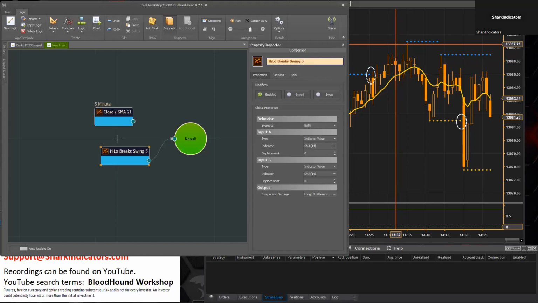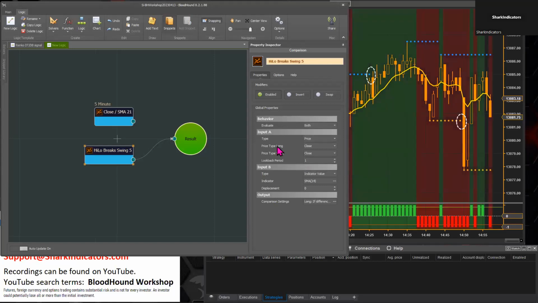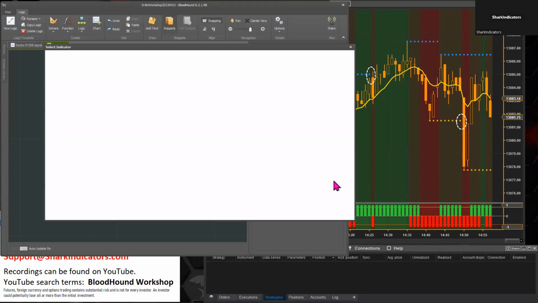So this is a standard 5 period swing there. So input A is going to be price. Again, for a long breakout, we're looking at the high of the bar, and for a short break, we're looking at the low of the bar. And then input B, that's the swing indicator.